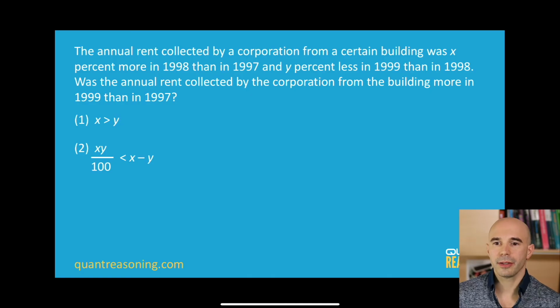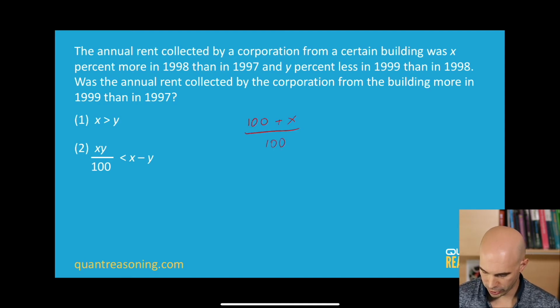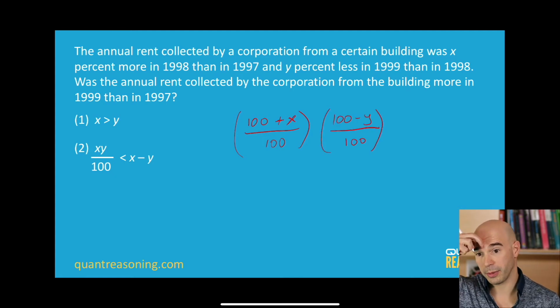So what are the change factors here? We're going to have two of them, right? One for going from 97 to 98. What is it? Good. So that's a change factor for the first year. So the rent got multiplied by 100 plus x over 100 in the first year, and then it got multiplied by 100 minus y over 100 in the second year.